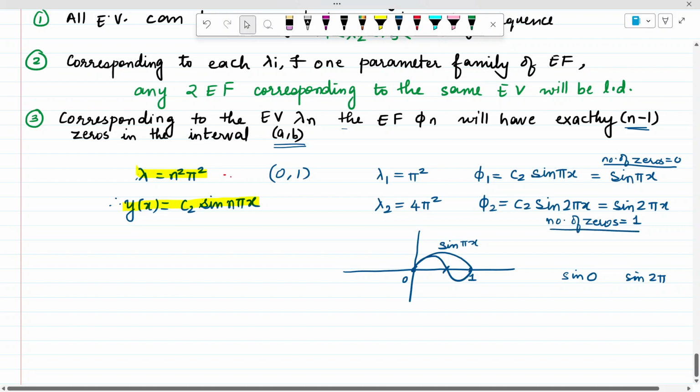Is that correct? Are you understanding this?